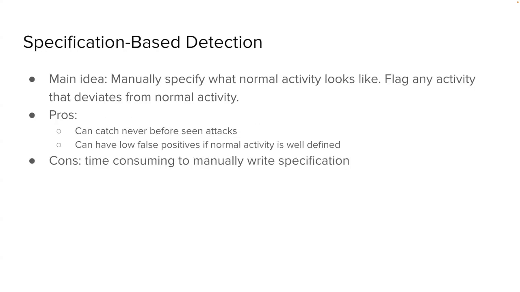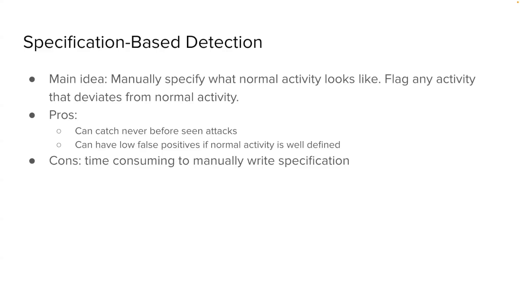So we also have specification-based detection. The idea is we manually specify what normal activity is going to look like and flag deviations. The difference compared to the last one is that in anomaly-based detection, we use a model to learn what normal activity is, but now we have a concrete specification about what normal activity looks like.